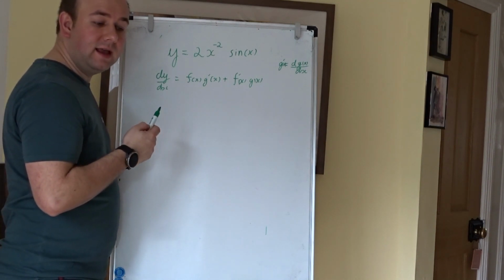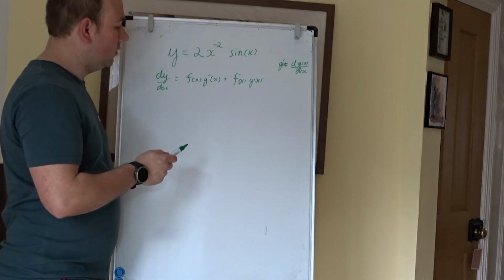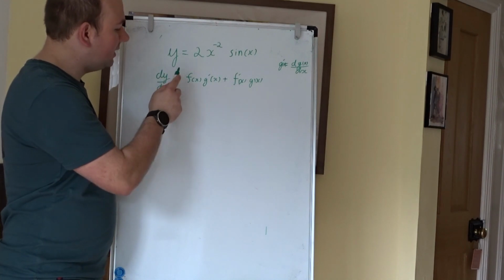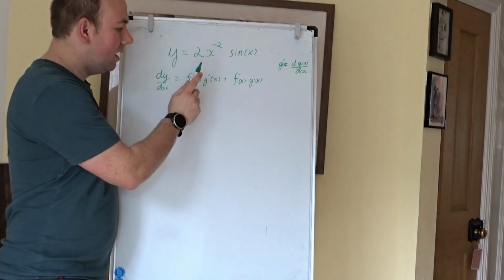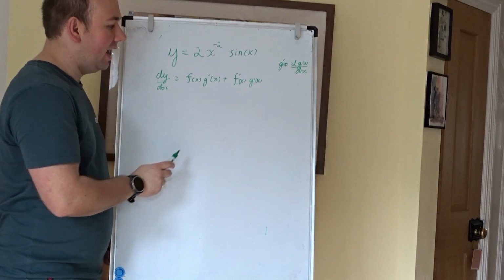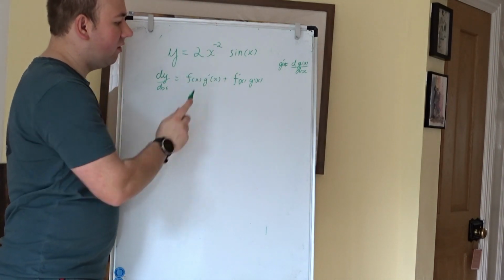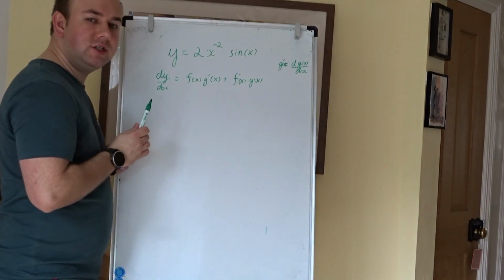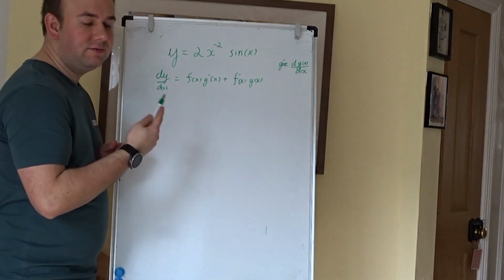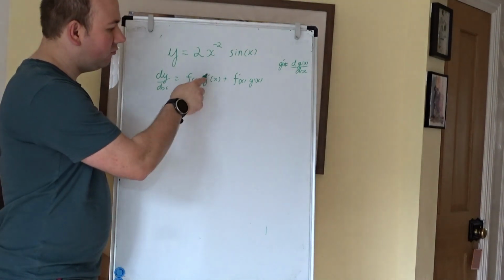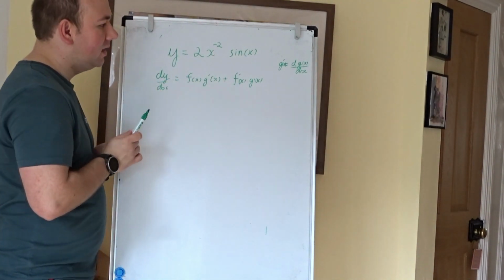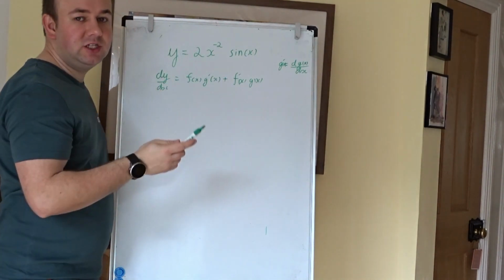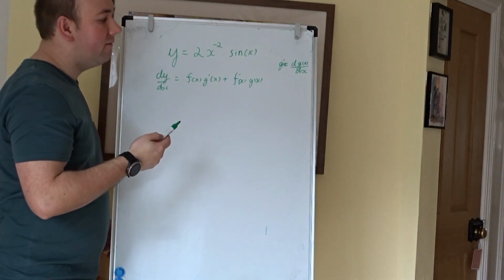And there is a rule called the product rule, which follows this: dy by dx is equal to f of x multiplied by g prime of x plus f prime of x multiplied by g of x. So this introduces a new type of notation for differentiation, which is the prime, which is this little mark here. What this actually just means is differentiated with respect to the variable.